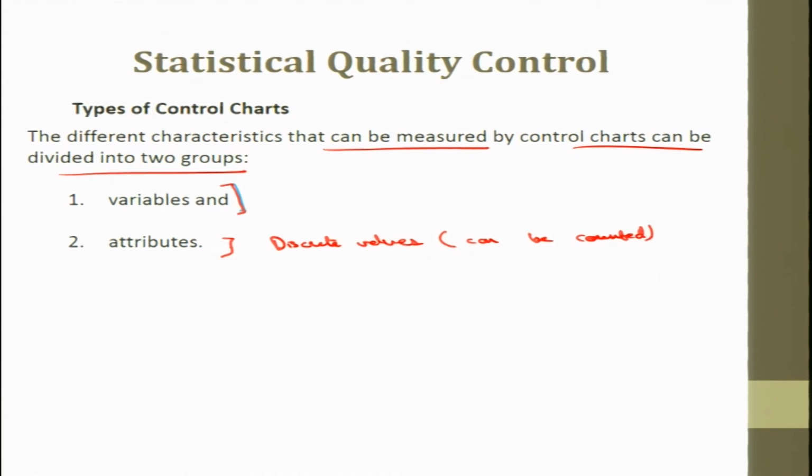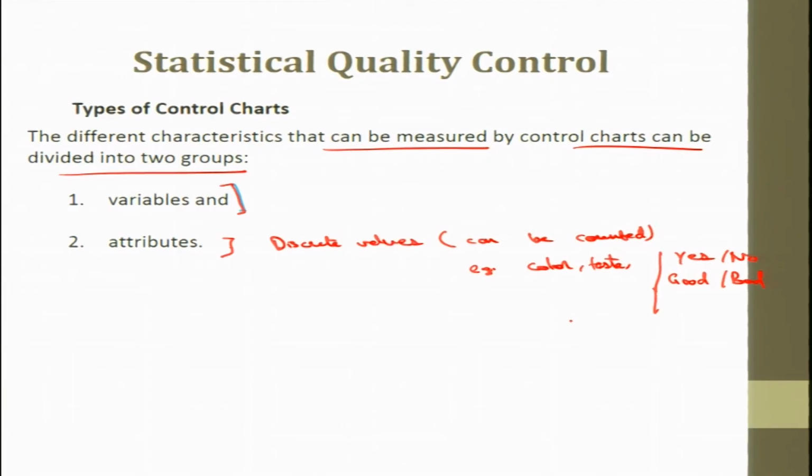For instance, color, taste, where the answers can be yes or no, or good or bad. Acceptable or unacceptable can also be one of the terms, but I'll better use that in acceptance sampling. So the attributes include color, taste, then smell.